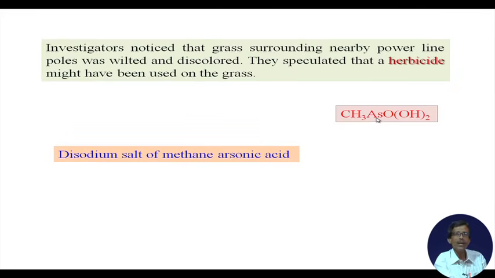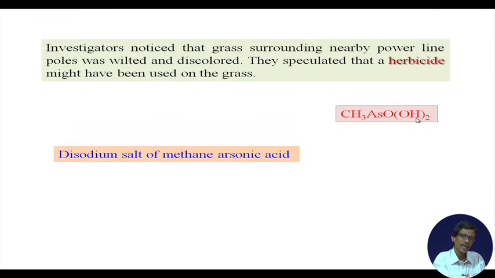It is not a typical arsenic acid, because it is not a typical inorganic compound; some group is attached to it. It is a methane arsenic acid, where a methyl group is attached to arsenic, and it is not the free acid but the corresponding disodium salt. It is As double bonded O and OH, where OH is substituted by ONa, like a sodium salt.